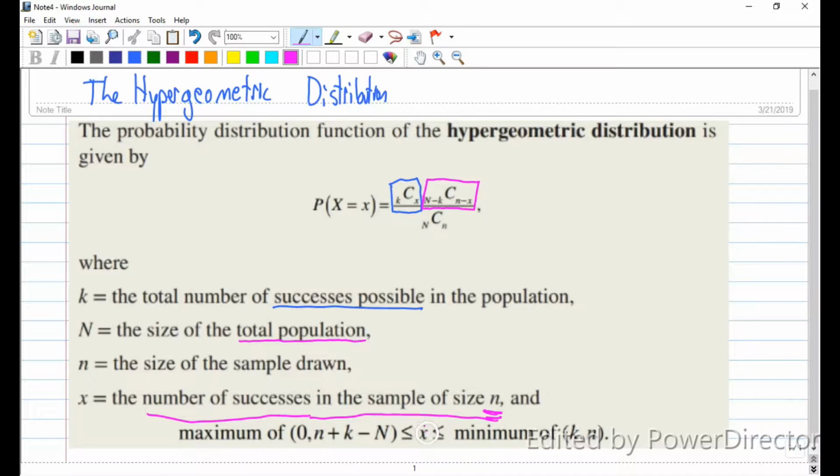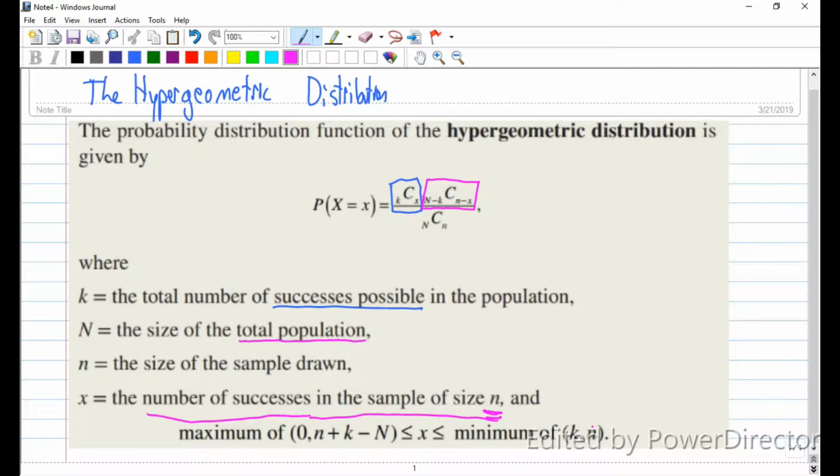And it says that x is always going to be greater than or equal to the maximum of this, and of course it would have to be positive, I guess it could be 0, and less than or equal to the minimum of this.